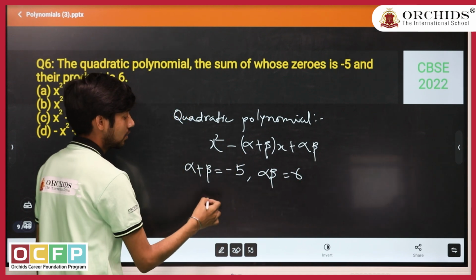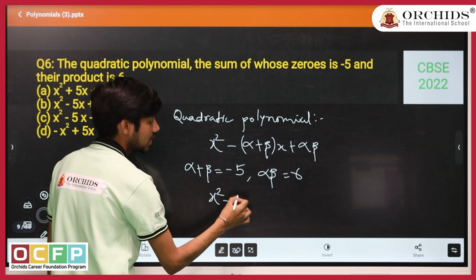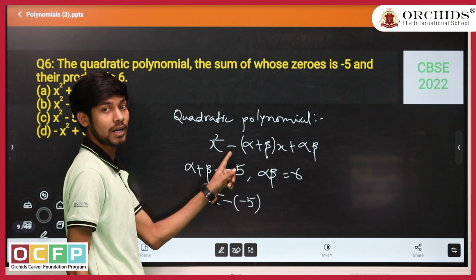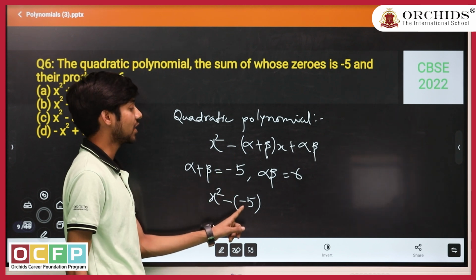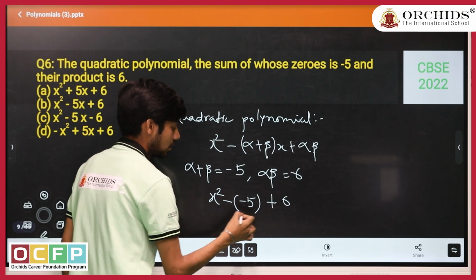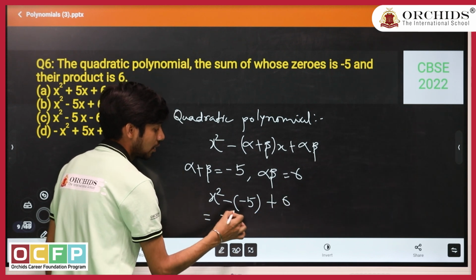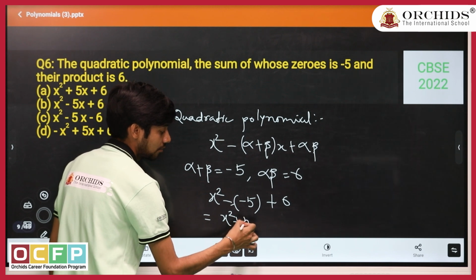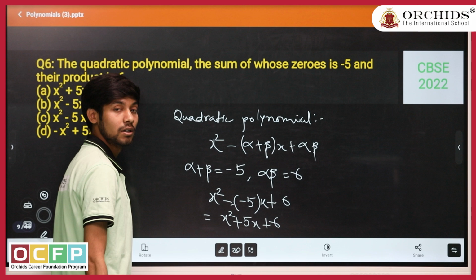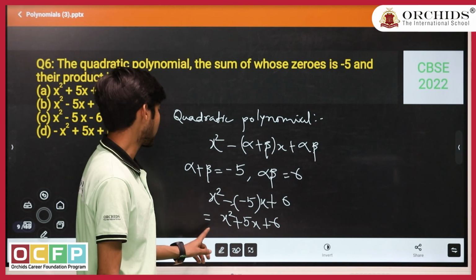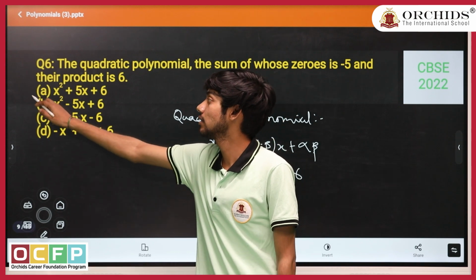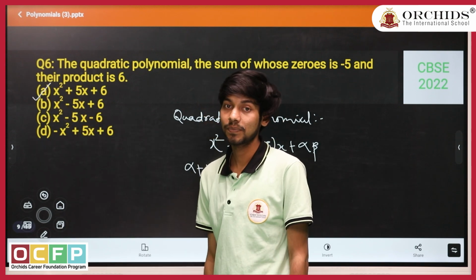Just put the values here. So x² − (−5)x + 6. Make sure you keep this minus sign as it is in the formula, and this minus sign is of the question. So what are we getting? x² + 5x + 6. So our quadratic polynomial is x² + 5x + 6. Let's see which option is correct. So option A is correct.